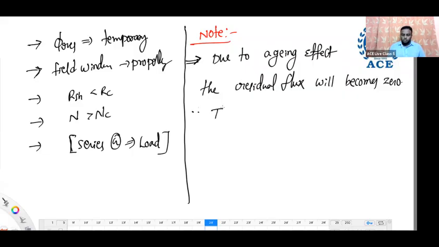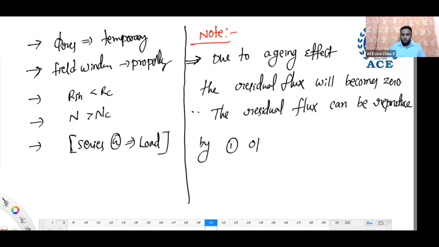The residual flux can be reproduced by two methods. One method is operating the generator as a motor for some time. How much time?